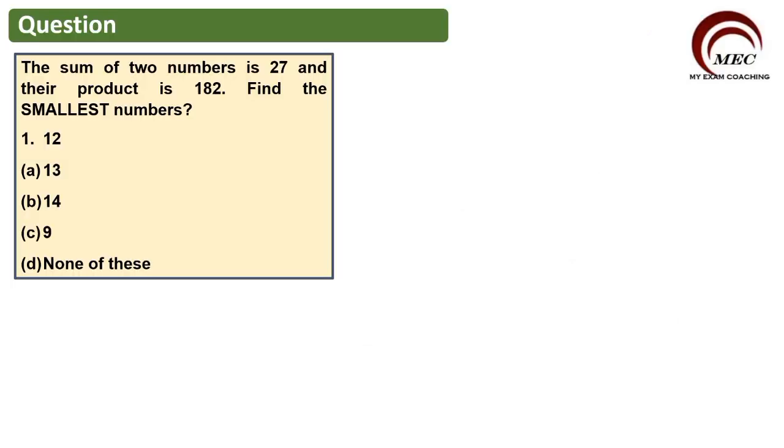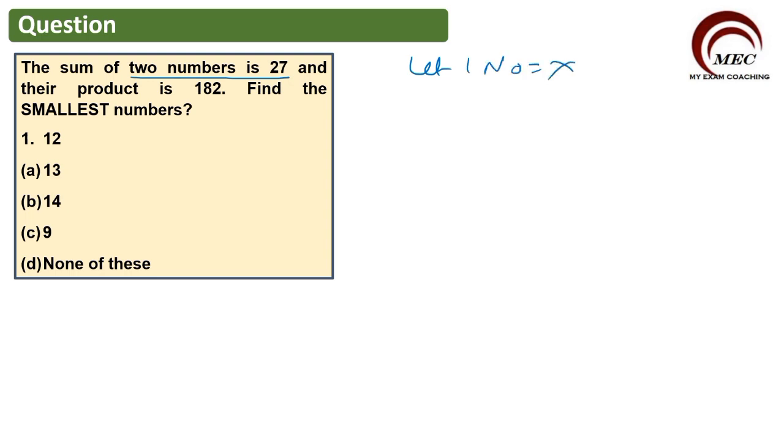So here is your first question, which is selected from my IBPS paper. The question is: sum of two numbers is 27 and their product is 182. Find the smallest number. Sum of two numbers is 27. See, let one number equal x.